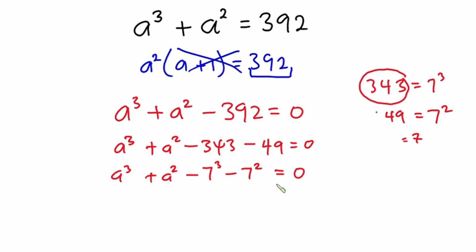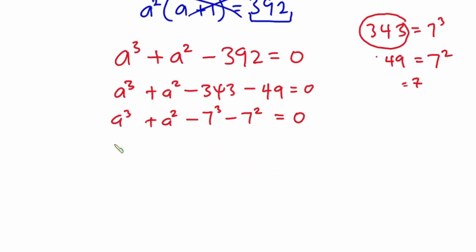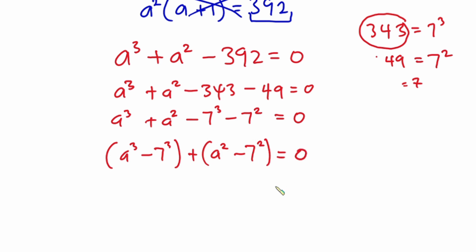And this is equal to 0. Now let's group those with the third power and then group those with the second power, right? So we have a to the third power minus 7 to the third power, then plus a to the second power minus 7 to the second power, and this is equal to 0.